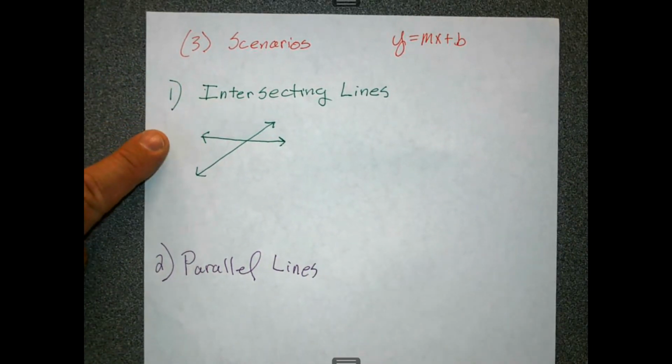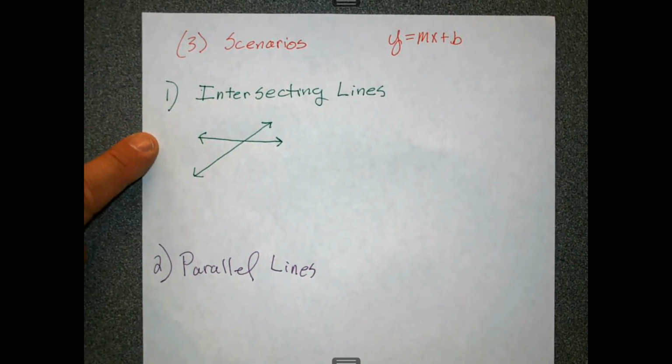So intersecting lines. By the way, what is a line? Antonio: two points that connect together. Yes, two points do make up a line because they're showing location, so you can draw the line.